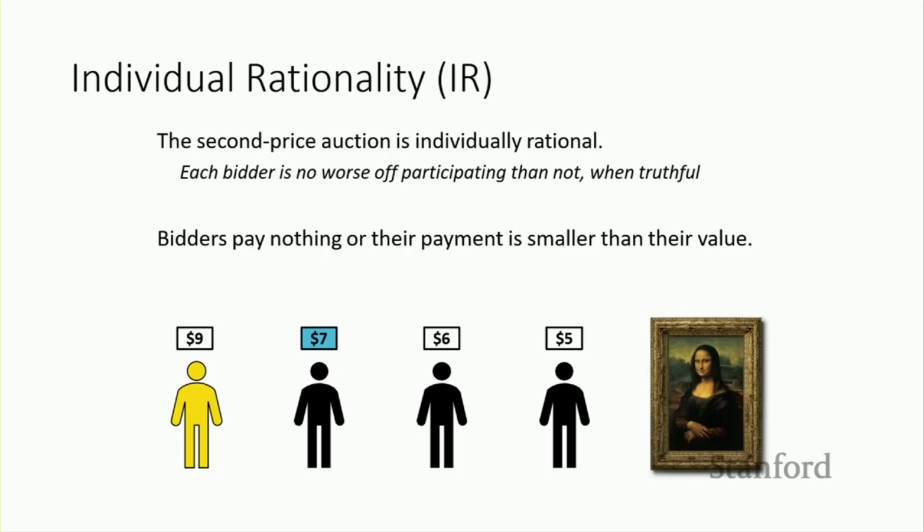Because remember, if they bid their true value, then they either win the auction and pay a second price, so they have positive utility, or they lose the auction, but someone who had a higher value for the item will win the auction. And so strategically, they lose nothing by choosing to engage, as long as they choose to use their true value. Is that clear? I'm feeling a bit word salady, so I want to make sure it's getting across clearly enough.